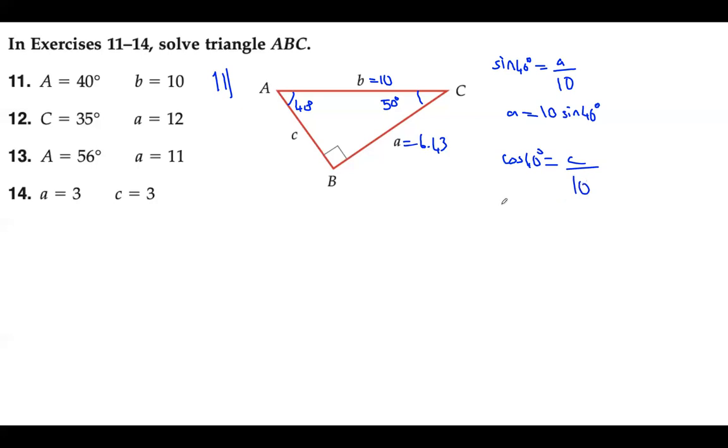So this time, 10 times cosine 40 is equal to C. So I take my calculator and I will calculate in the calculator. 10 times cosine 40 degree. 7.66. So C is equal to 7.66. Okay.